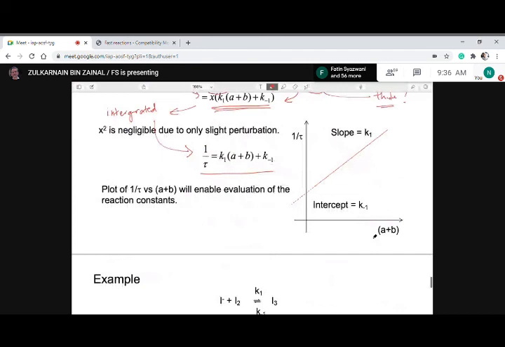So from the tau value, we can do a plot of 1 over tau versus the concentration of A plus B. From the slope, we can get the value of K1. From the intercept, we can get the value of K minus 1.